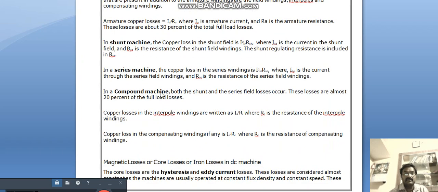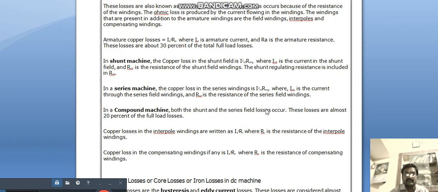In a compound machine, both shunt and series field losses occur, because in a compound machine we have both series coil as well as shunt coil of the field windings. So both the losses will be present.